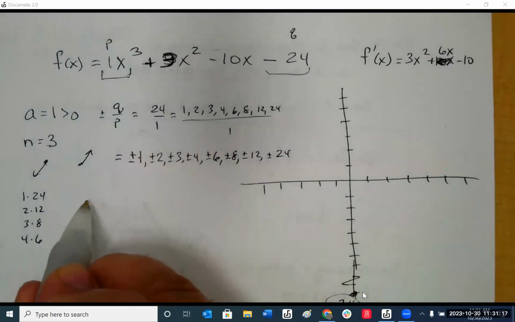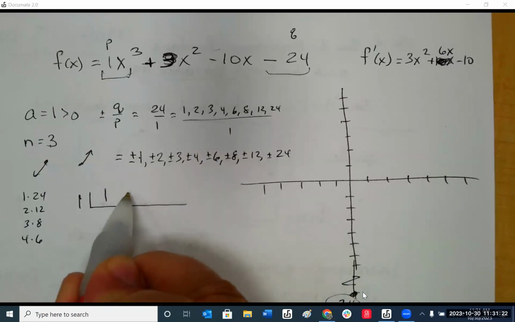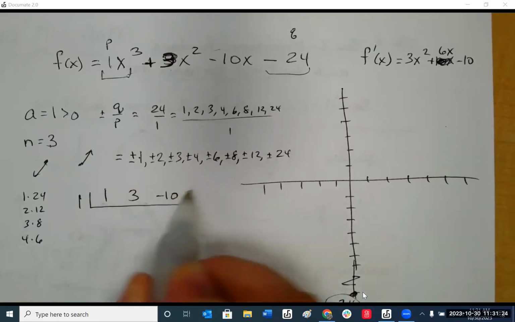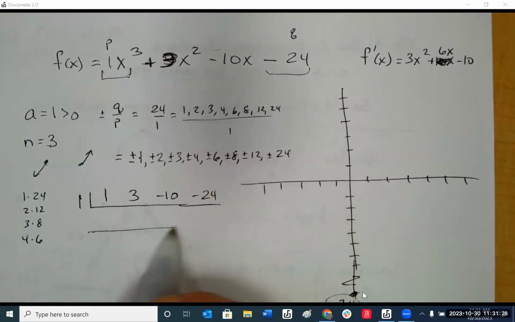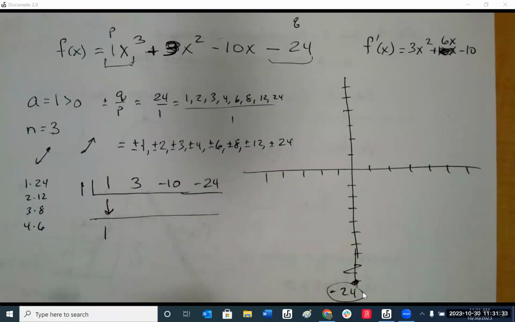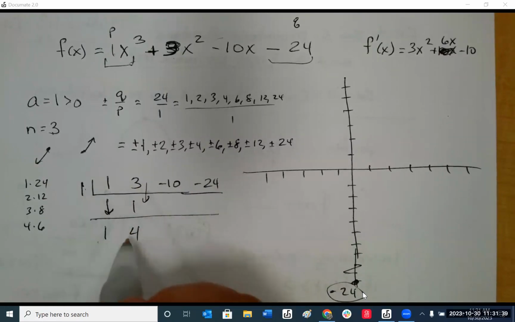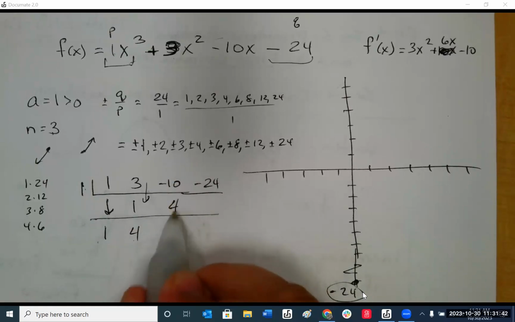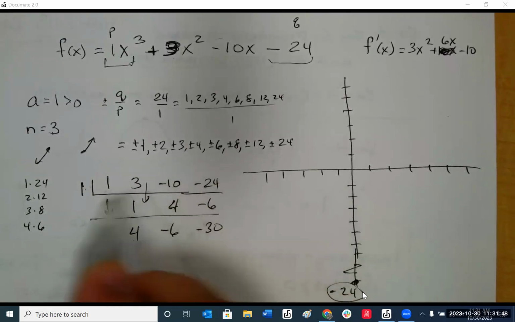Let's try positive 1. 1, 3, negative 10, negative 24. 1 times 1 is 1. Add those: 3 plus 1 is 4. 1 times 4 is 4, and negative 10 plus 4 is negative 6. 1 times negative 6, so it gives us negative 30. So 1 doesn't work.